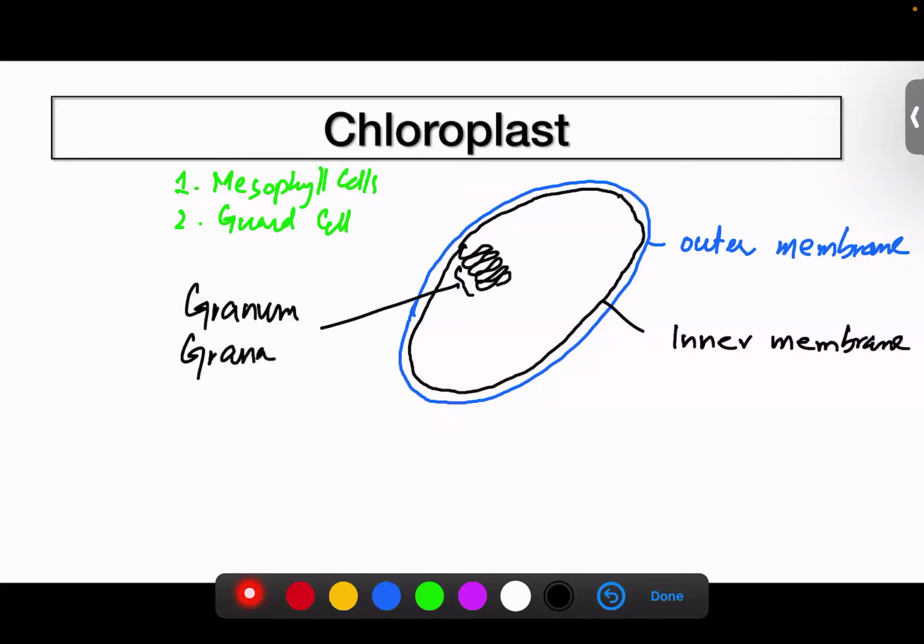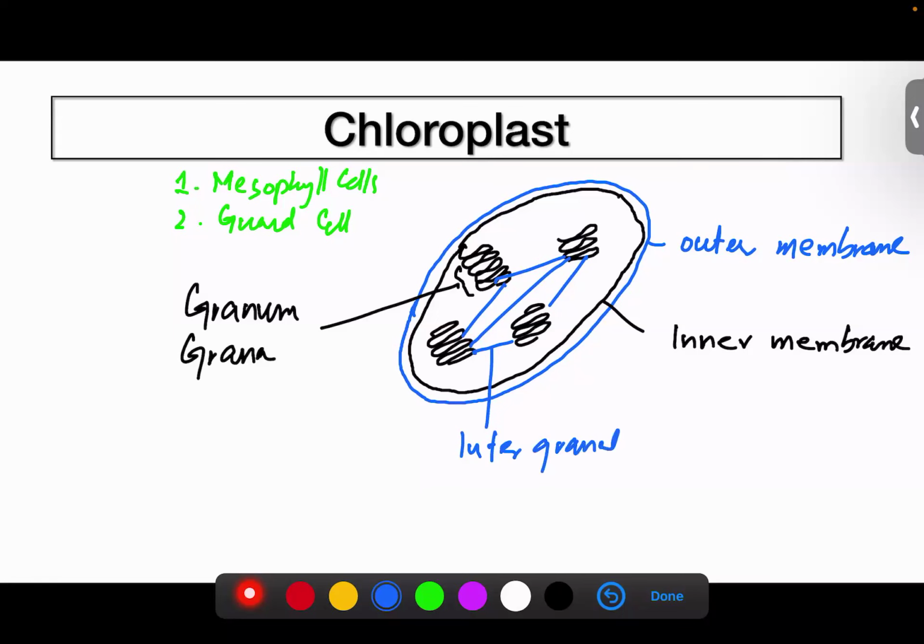And there are many grana that are present in a chloroplast, and these grana are connected together through membranes. These are known as intergranal lamella.